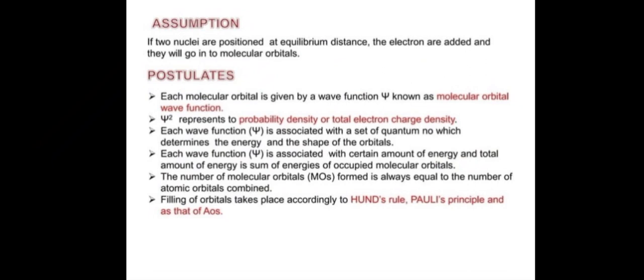Each wave function is associated with a certain amount of energy, and the total energy is the sum of energies of occupied molecular orbitals. The number of molecular orbitals formed is always equal to the number of atomic orbitals combined. In order to fill the electrons in molecular orbitals, we must follow some principles, and they are Hund's rule of maximum multiplicity, Pauli's exclusion principle, and Aufbau's rule.